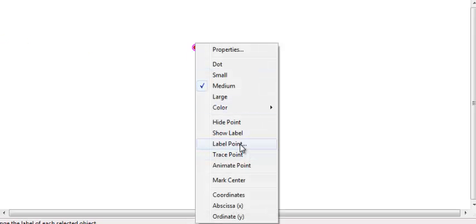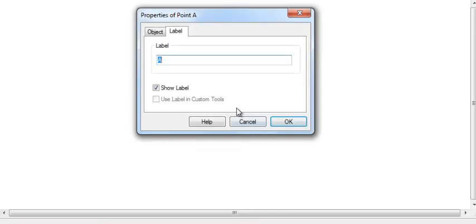Well, the objective of this video is to show the construction of a parabola given the focus and its directrix. Suppose this point, which we label as A, be the focus of the parabola.